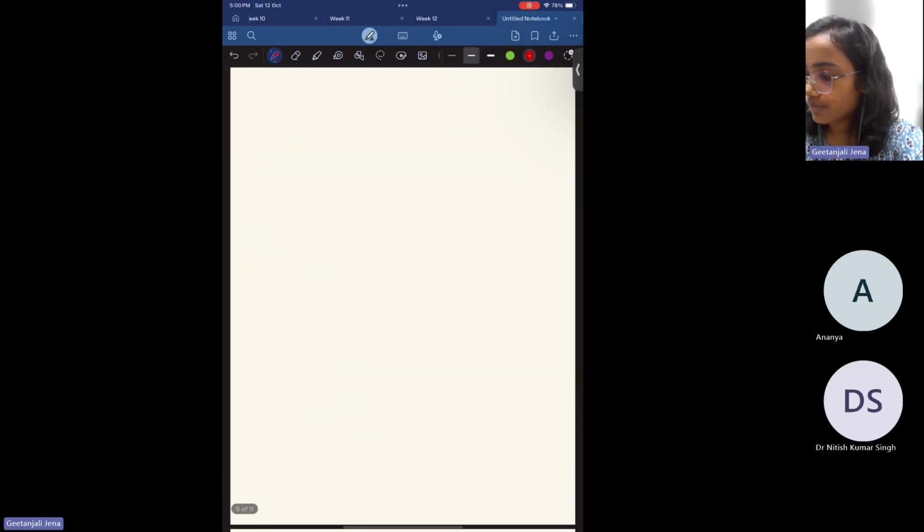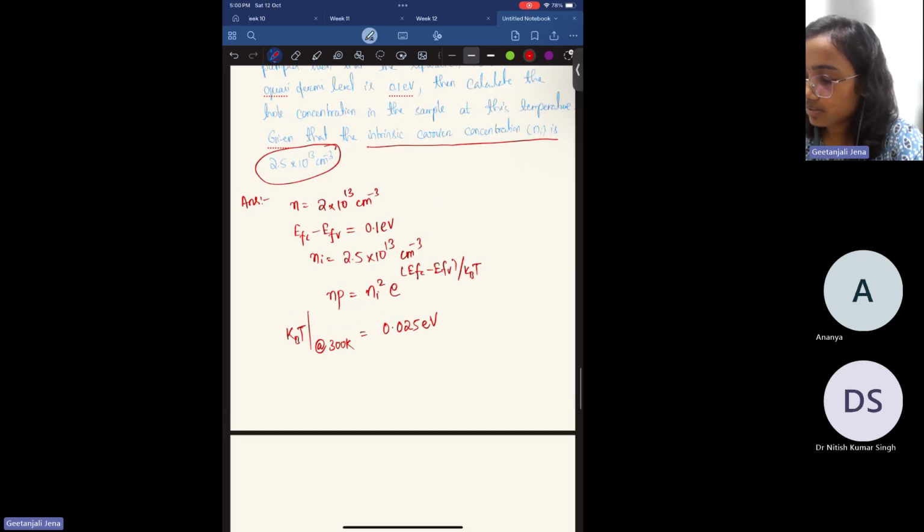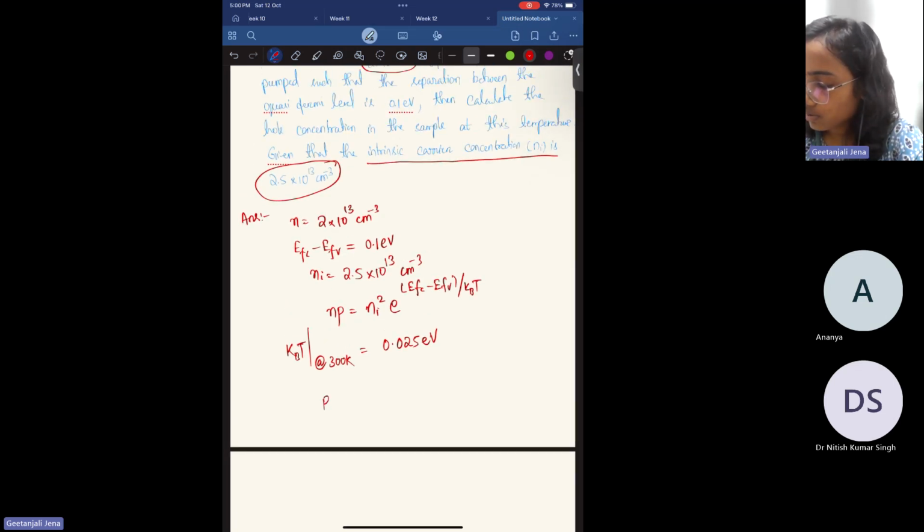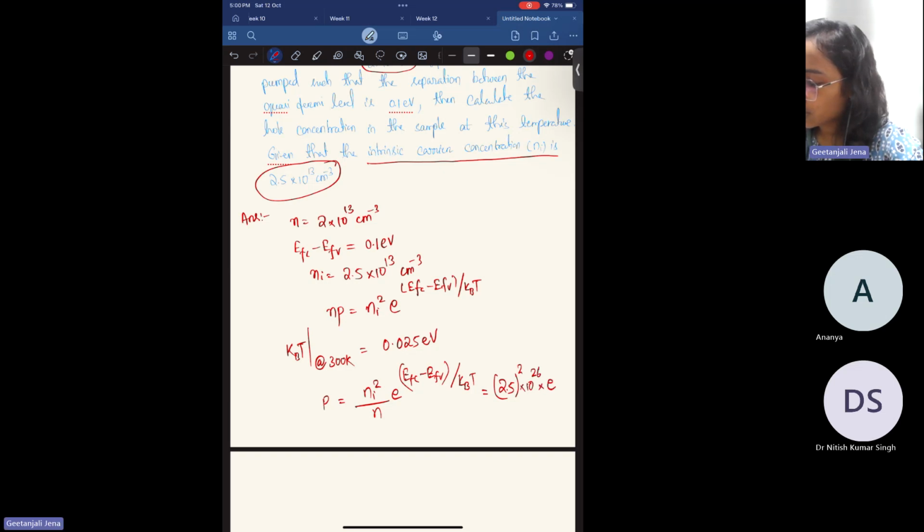Now you have all the parameters to calculate the hole concentration. So P equals Ni square by N times e to the power EFC minus EFV by KBT. Ni square is 2.5 square into 10 to the 26, into e to the power 0.1 divided by 0.025, whole divided by N, where N is 2 into 10 to the 13.